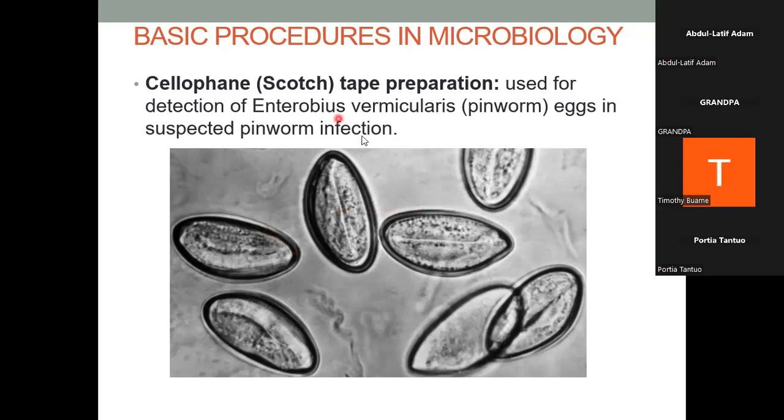Why is it that even though Enterobius vermicularis is a helminth, and for that matter intestinal, and therefore you're expecting to find it in the stool, nobody finds Enterobius vermicularis eggs in stool? Why?